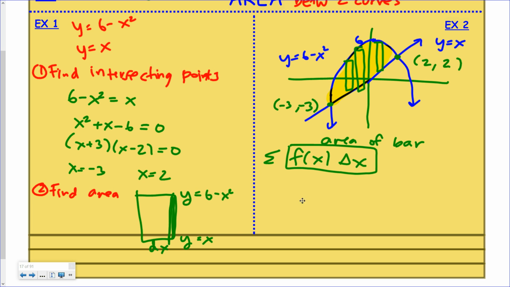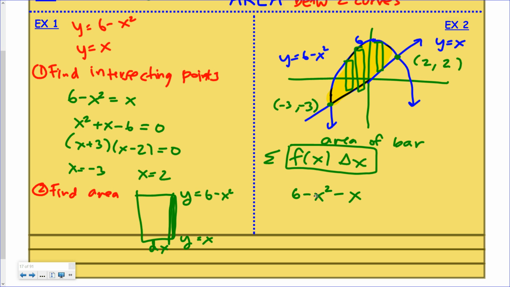The area of one bar is going to be 6 minus x squared minus x. You guys see what I'm getting? 6 minus x squared minus x, right? Because the length of this is this y minus this y. So the length of this is 6 minus x squared minus x.